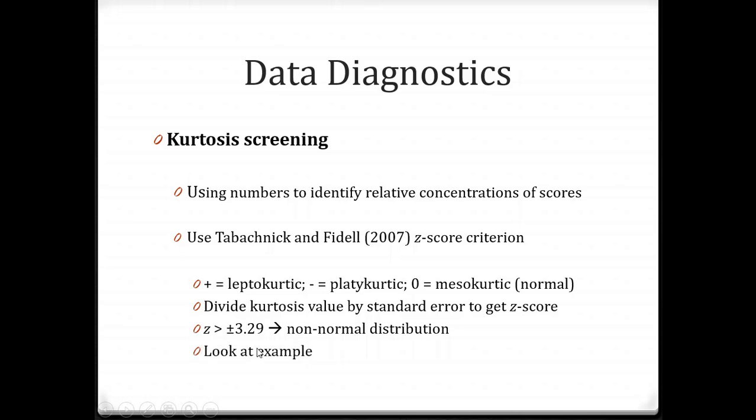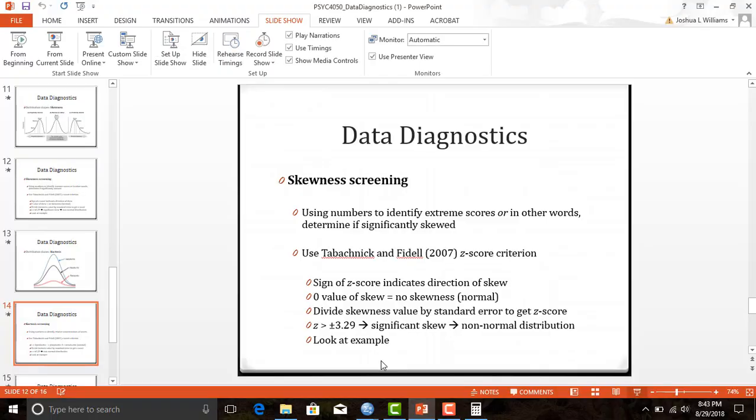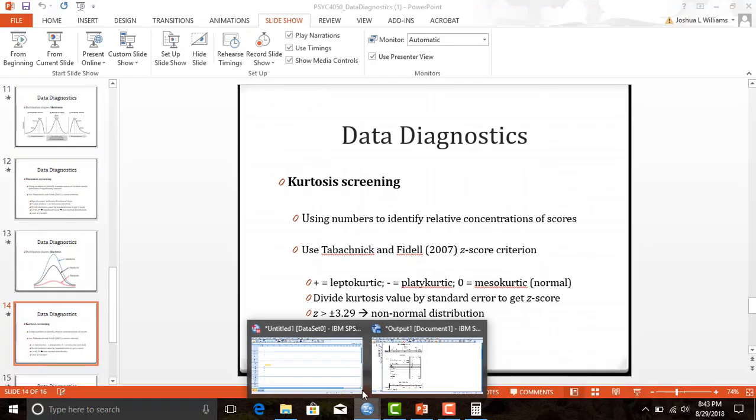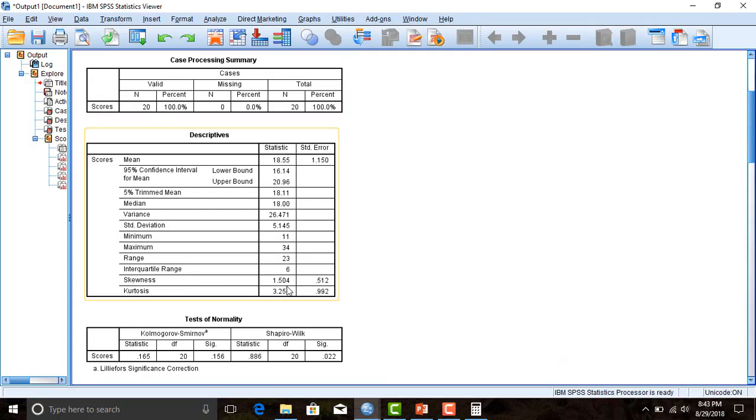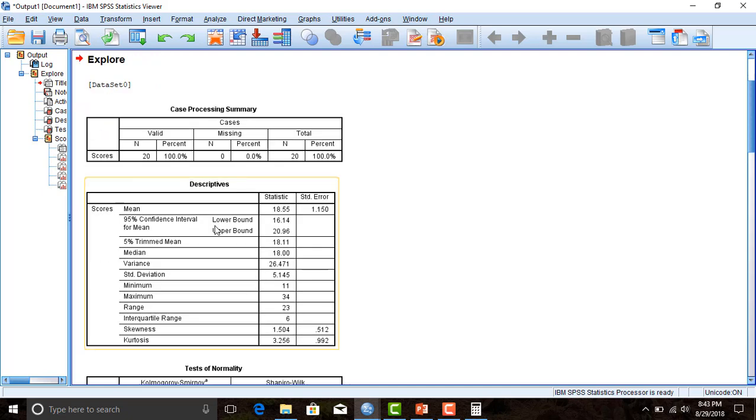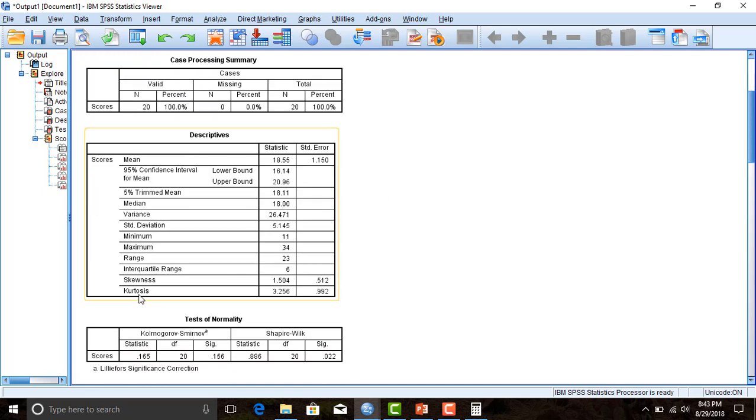So if we go back and we look at our example, I'll just pull up the output. So in our descriptives box here, you can see you get a kurtosis value. It's positive, which should indicate that it's leptokurtic. Okay? So 3.256, and right next to it, again, just like the skewness, you have a standard error value.